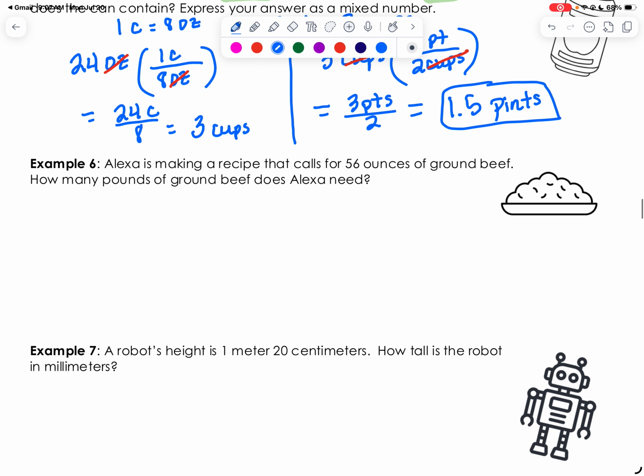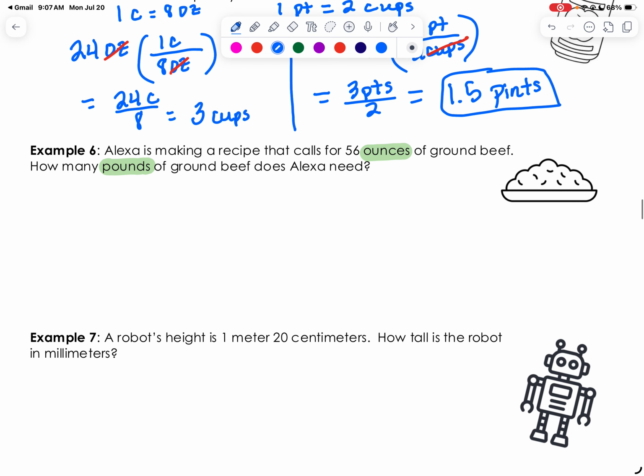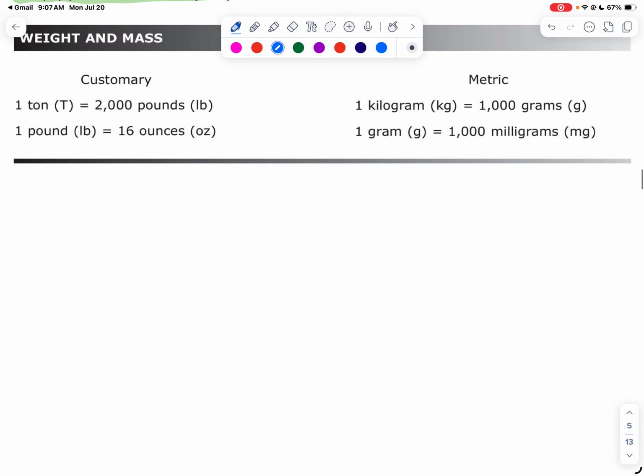All right, example 6. Alexa is making a recipe that calls for 56 ounces of ground beef. How many pounds of ground beef does Alexa need? So we're going from ounces to pounds. So I want to go back to my formula chart and find my unit rate.